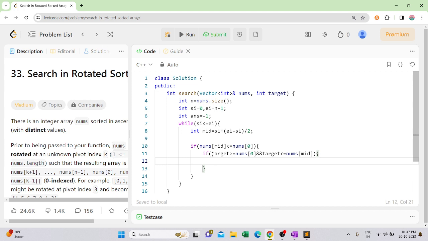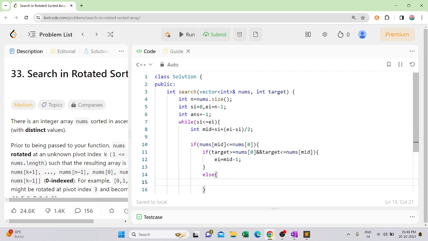In that case, the target lies in this part, right? So we need to shift our ending index to mid -1. And if this is not so, we will just shift our starting index to mid +1.